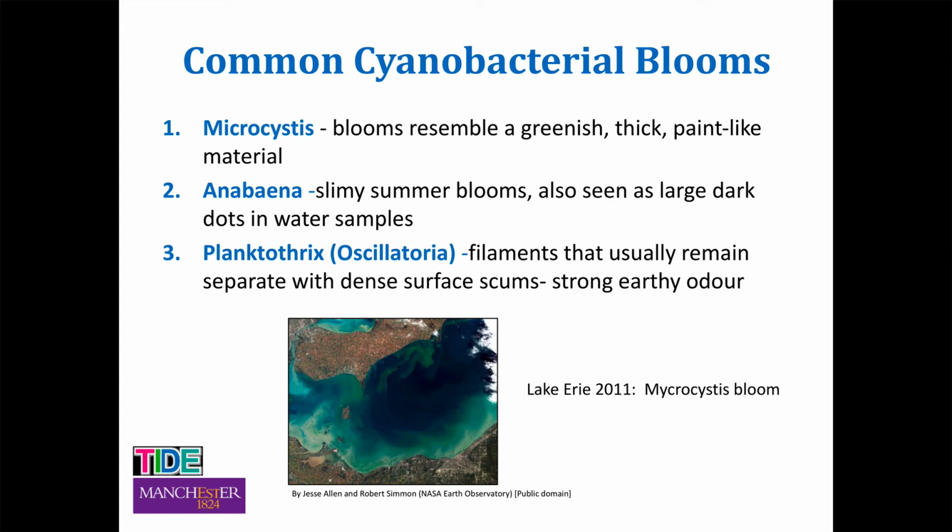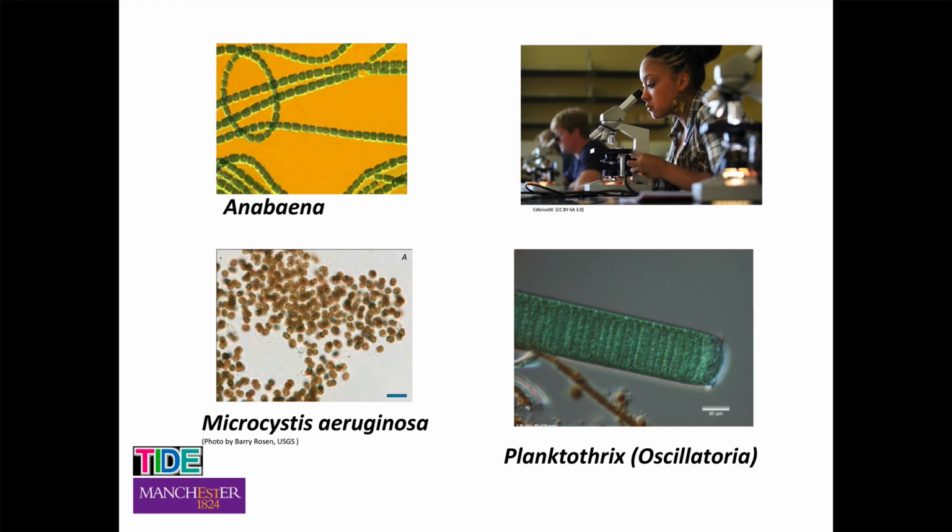So when the levels of these cyanobacteria get really high, you get these blooms. And this is what they look like under the microscope. Here we have Anabaena on the top left, Microcystis, and Planktothrix or Oscillatoria.